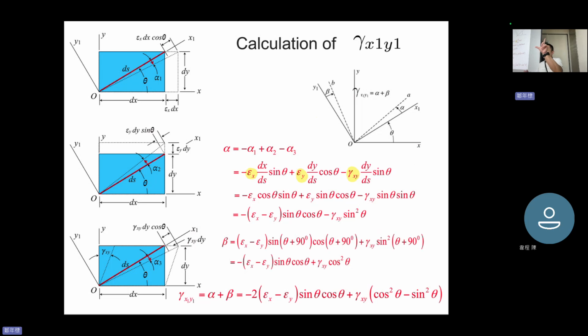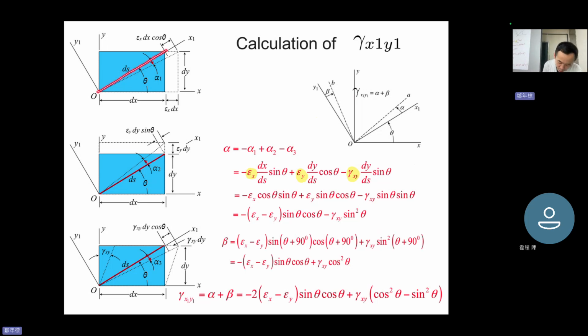听懂吗？gamma x1 y1 就是 x 跟 y 轴原本不是这样嘛，后来变这样的角度的改变。它有两个分类，一个是 x1 变，一个是 y1 变。x1 变的那个部分我们叫它 alpha，y1 变那边叫它 beta。alpha 有3个贡献：epsilon x 的贡献，epsilon y 的贡献，跟 gamma xy 的贡献。当然，beta 角也会有这3个贡献，等一下再说，我们先 focus 在 alpha，好吗？So let's focus on alpha now.